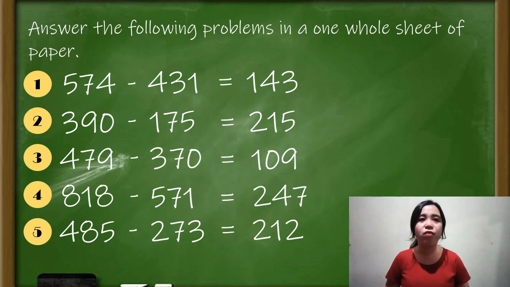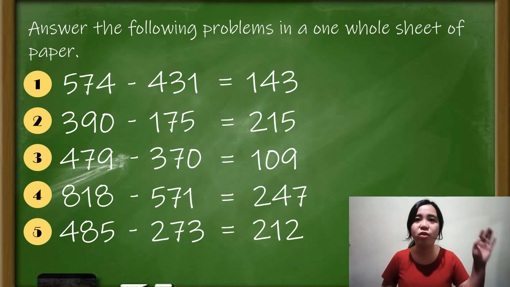Next, number 4, 818 minus 571 is equal to 247. Number 5, 485 minus 273 is equal to 212. Okay, who got all the correct answers?